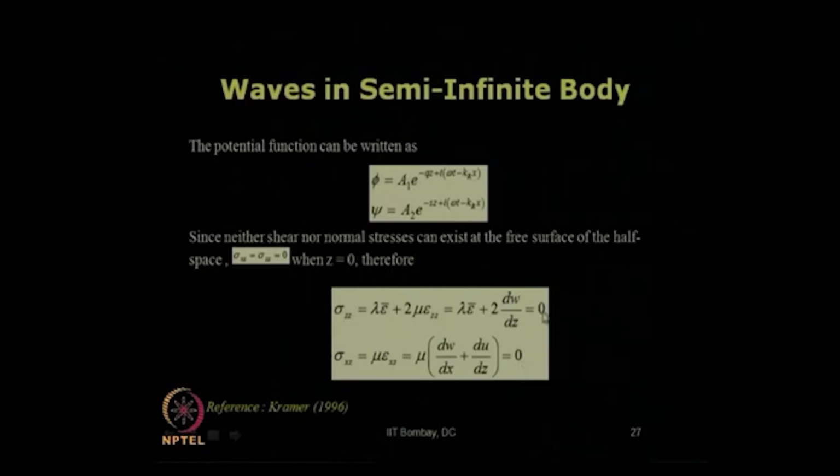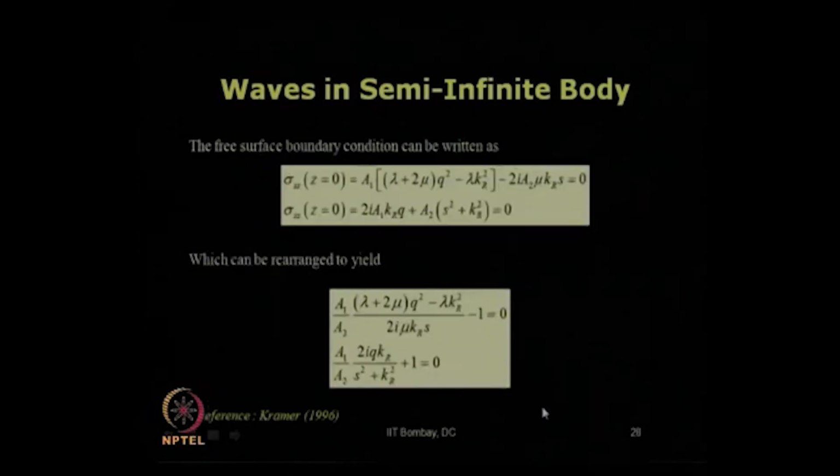This is the known boundary condition for an elastic half space. Am I right? This boundary condition is known because there should not be any stress at the free planar surface. So, if you put z equals 0 at the free planar surface, sigma z z and sigma x z should be 0. Using that, at z equals 0, we are putting this expression.